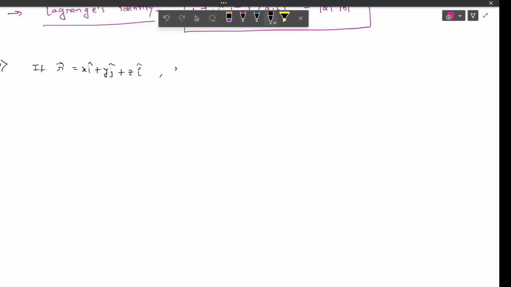Find the value of R cross i dot R cross j plus xy. You have to find this value.